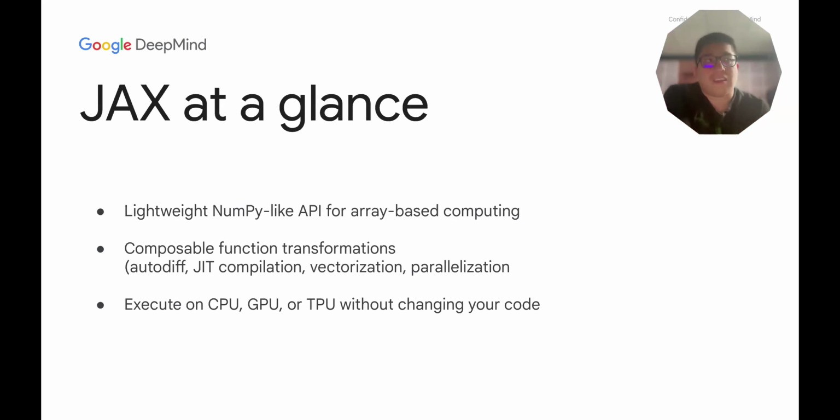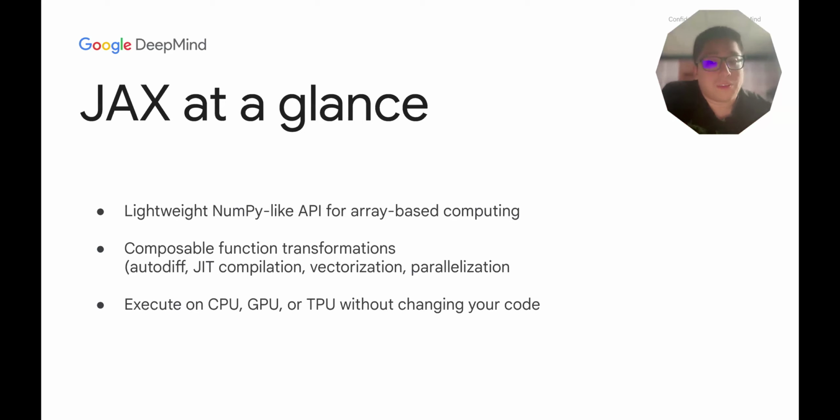This is what makes JAX very interesting for me, because now I don't have the pressure of worrying about carrying the batch in this dimension or the parallelization in that dimension. I can just transform my functions using JAX.